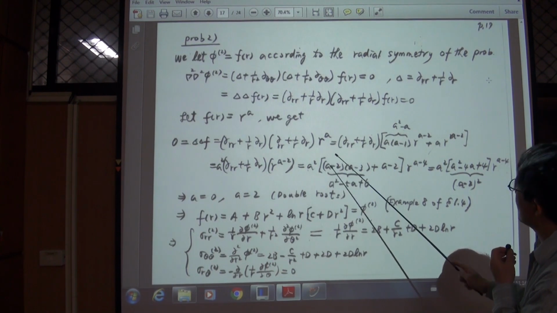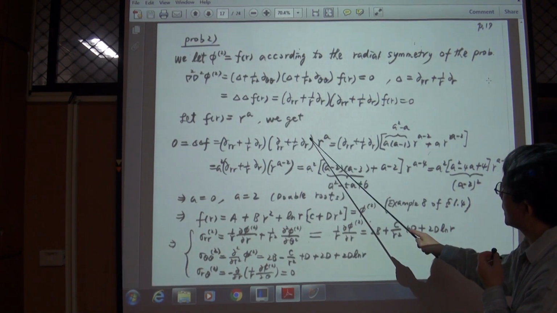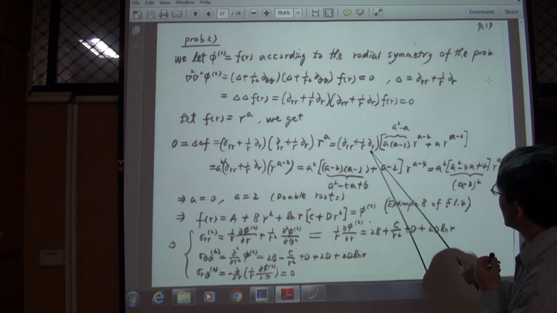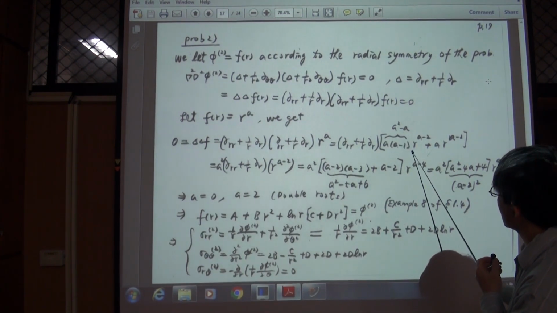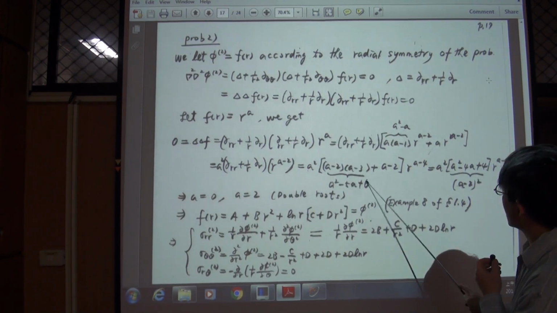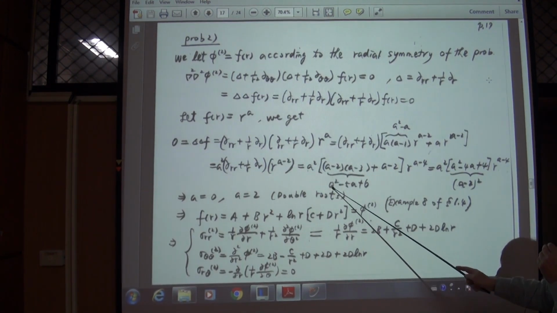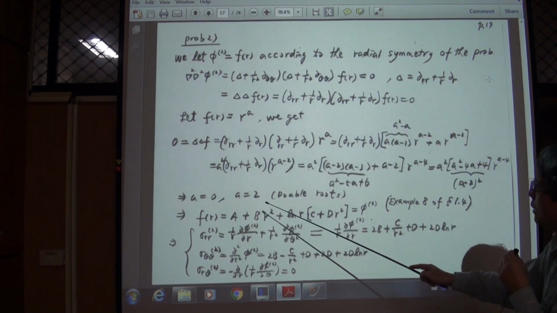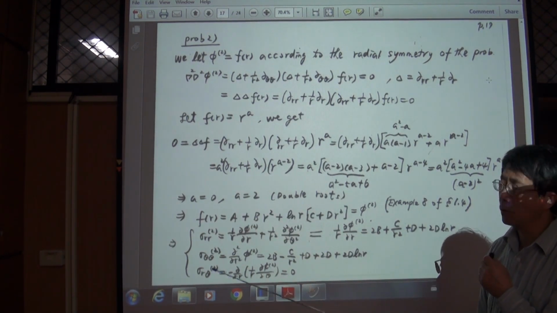Then we operate this operator on this function to get this one, and then operate this operator into here to get this one. So finally, we do some reorganization to get this one and end up with lambda equals 0 and lambda equals 2, double roots.